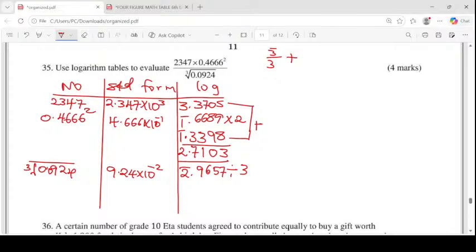Because I added 1 to 2 to make it 3, I'll also add 1 here. So this becomes 1.9657 divided by 3. Bar 3 divided by 3, you get bar 1 point. When you have 1.9657 divided by 3, it is 0.6552.